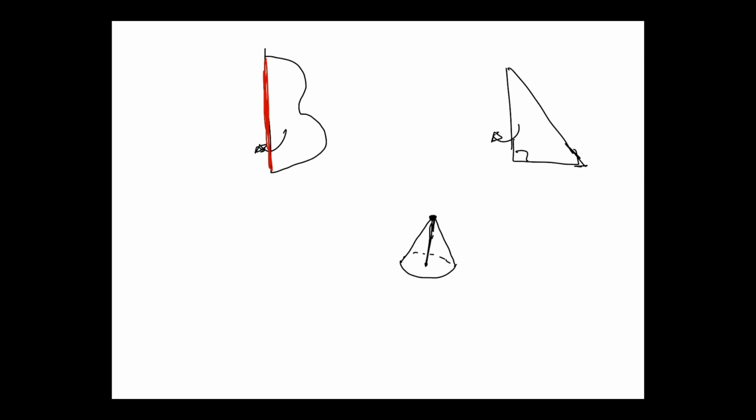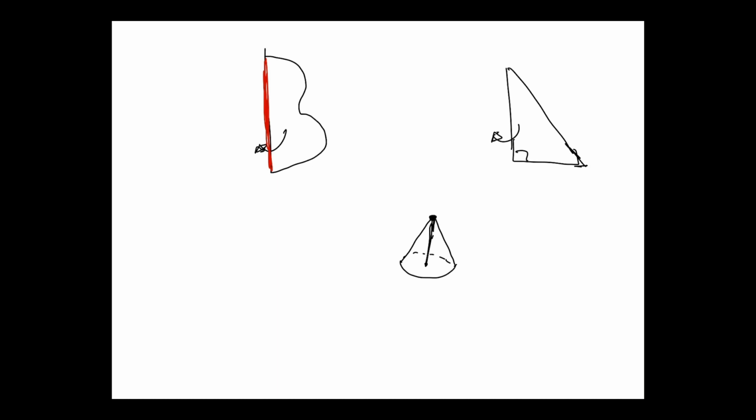That's the volume of a sphere. Yeah, pi r squared times the height. That's the volume of a cylinder. The volume of a cone is one-third that. Well, we could prove why that's the case.